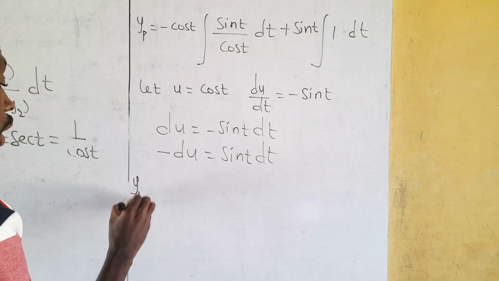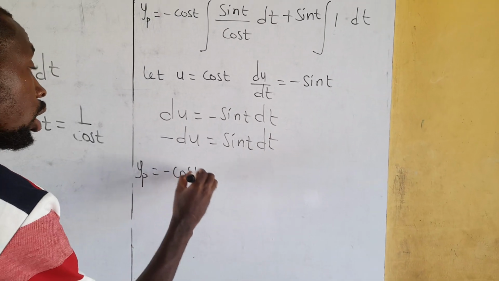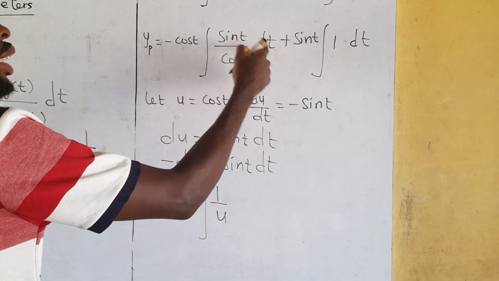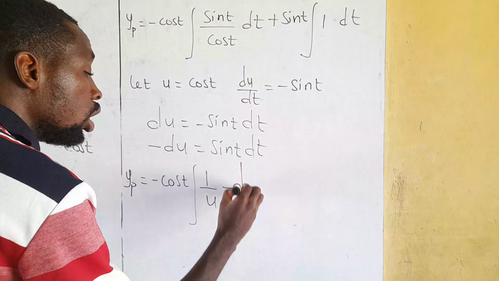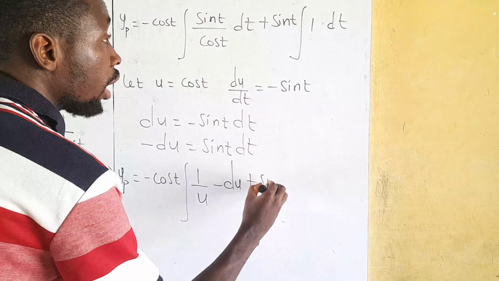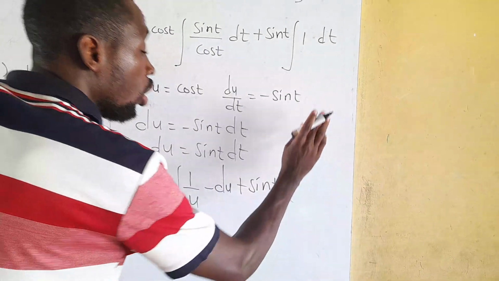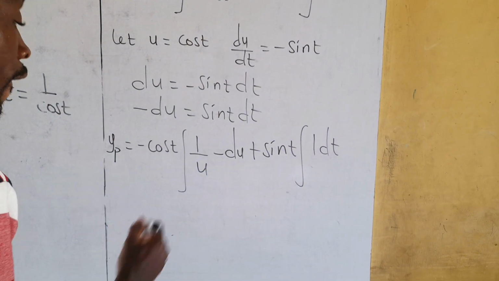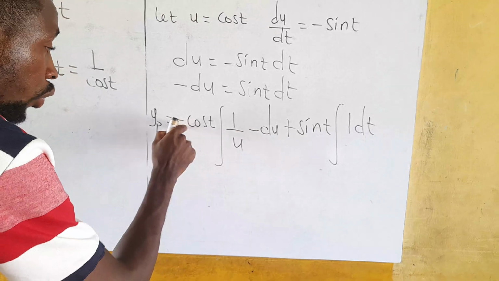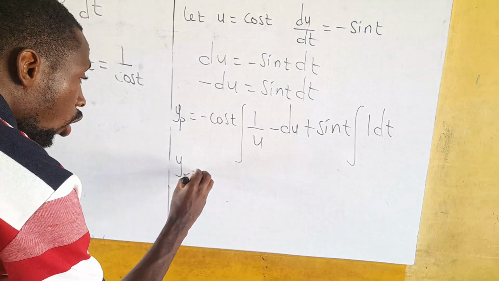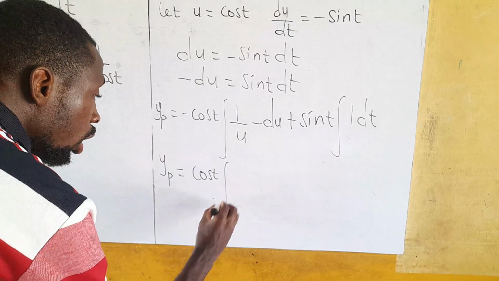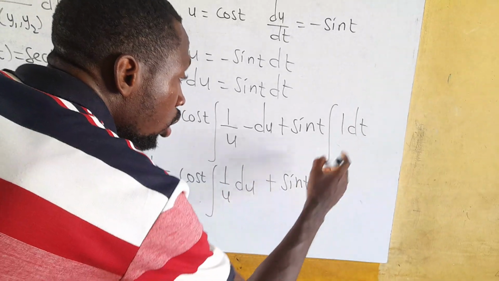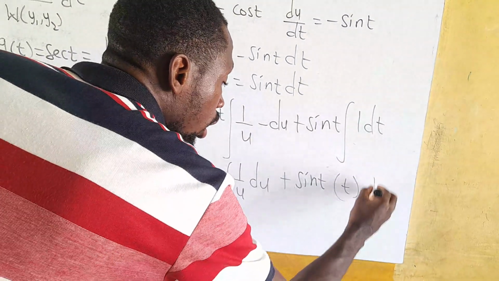Then we can say our y of p is equal to negative cos t, the integral of 1 over u, then sin t dt will become negative du, then plus our sin t times the integral of 1 dt. So what do we have? When this, we can put the negative out to multiply this, that becomes positive. So our y of p will be equal to cos t, integral of 1 over u du, then plus sin t. When we integrate 1 it is t, then plus our constant.